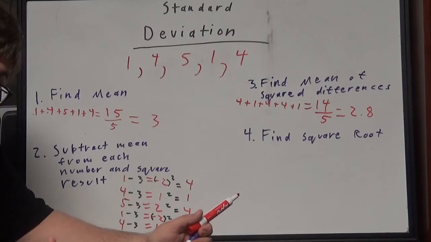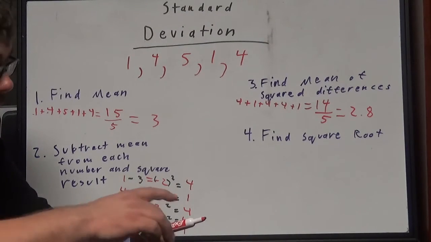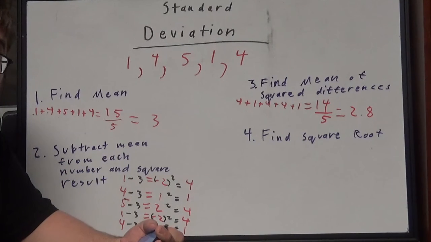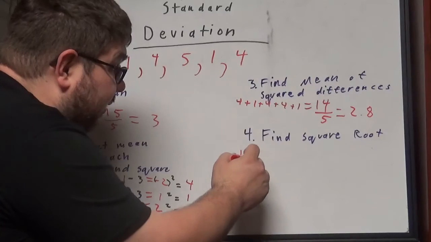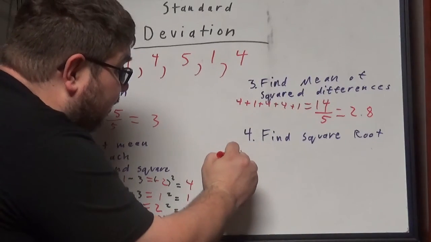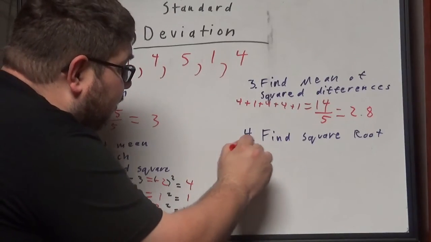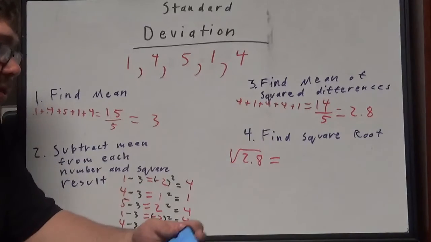Now, again on my calculator, I'm going to put in square root 2.8, and this is what I'm going to get. Now I'm not going to write the whole number because it's a very big number. Actually, first thing I want to do is write square root 2.8, so we have it visually there.